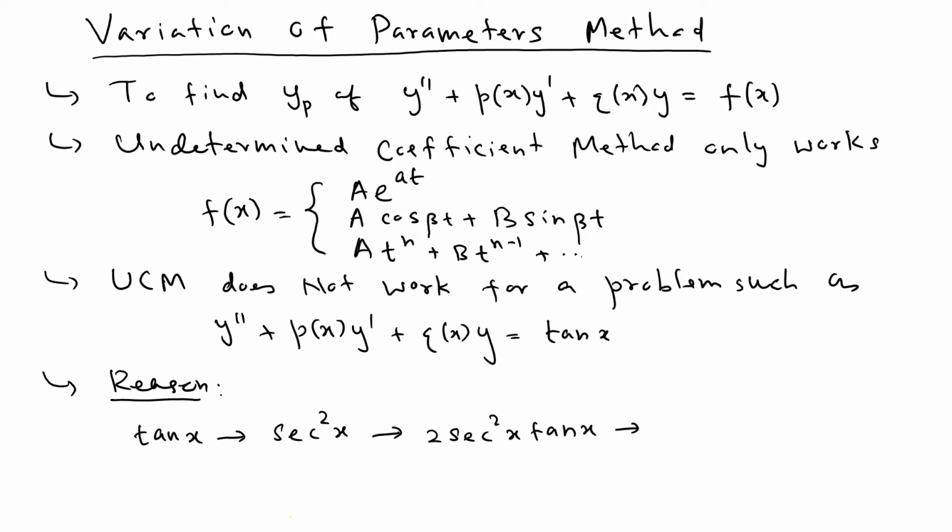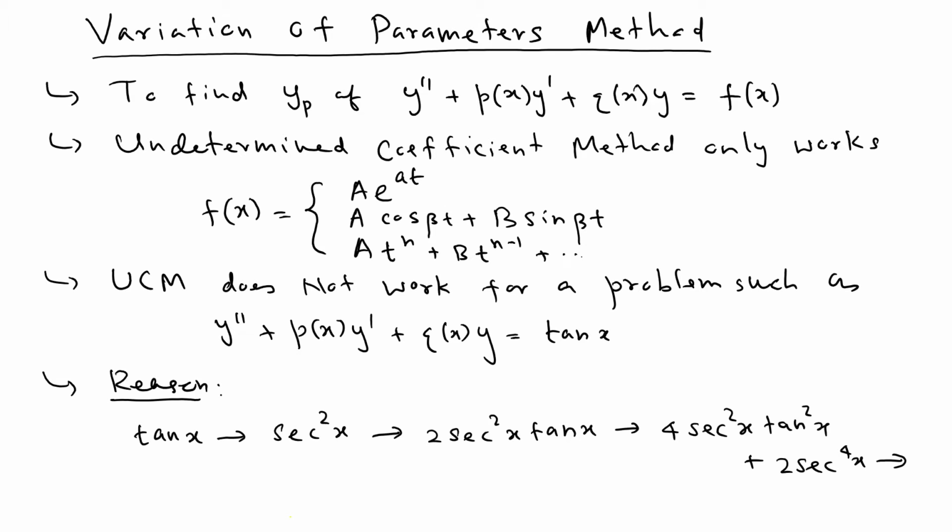And then if you take one more derivative, you get 4 secant squared x tan squared x, plus more terms. We have 2 secant to the 4th power x. So you're going to keep going like that.